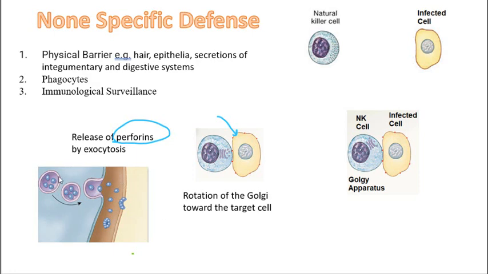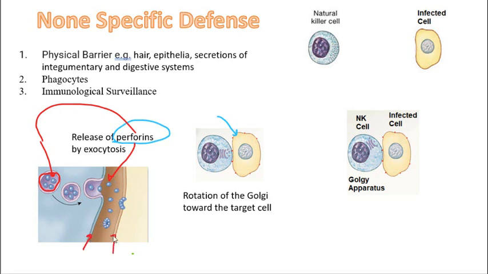So what is this showing you? Let me change the color of the pen. This is the vesicle produced by the Golgi apparatus. And these tiny round molecules are the perforin. So perforin is those round molecules you see inside the vesicle. This is the membrane of the natural killer cell.